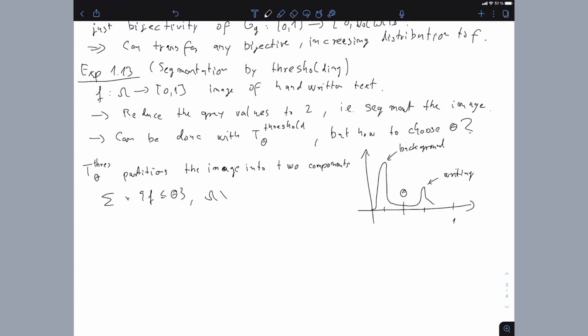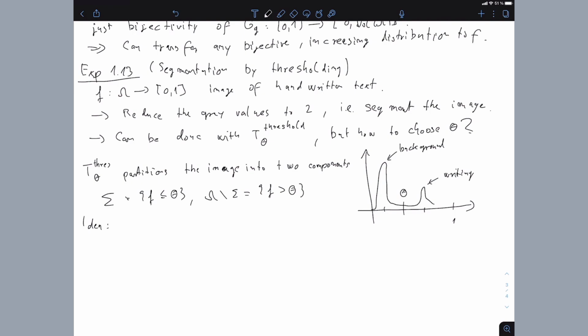And the other component is the complement, which is f bigger than theta, so that's the rest. And the idea is now, in words: choose theta in such a way that it corresponds to the average of the average gray values in these two areas.